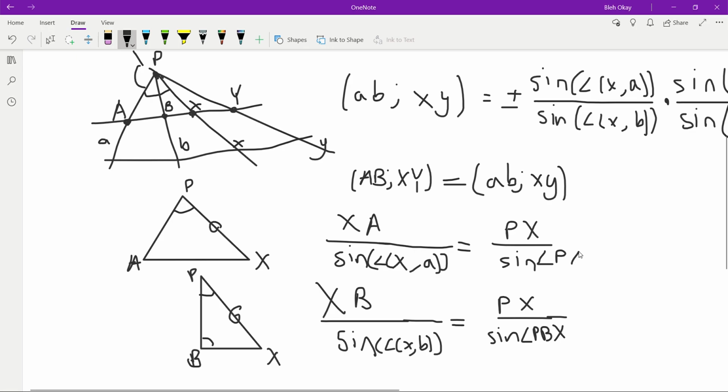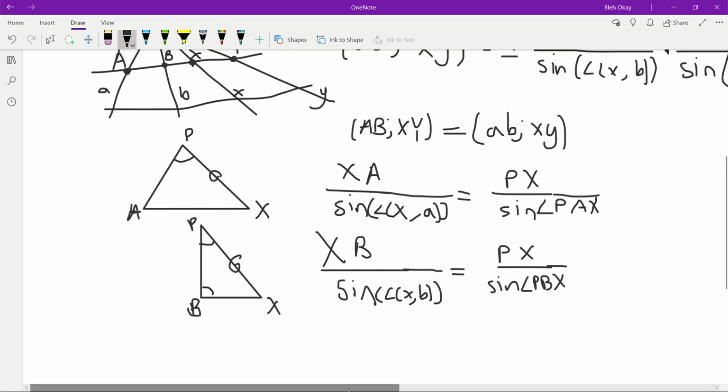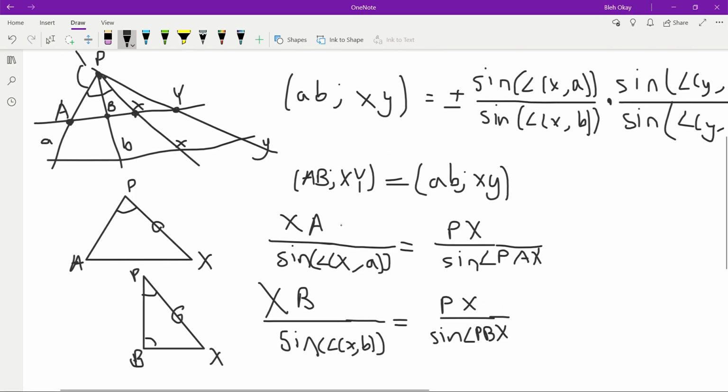So we have these two results, and they look pretty much the same. We just replaced A's and B's, took an A, made it a B. We get the same thing. So when we divide, we're going to get pretty similar things.